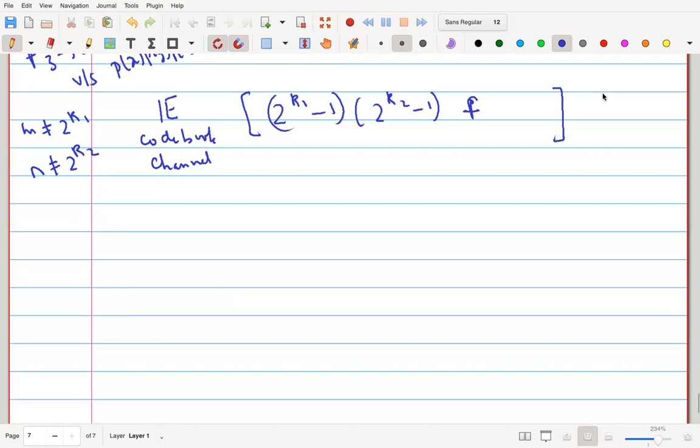So m, n is the fraudulent message pair, not the true message pair, but Charlie mistakenly accepts the fraudulent message pair m, n. So how can this happen? Charlie will accept the fraudulent message pair m, n with this probability. So write the probability first.